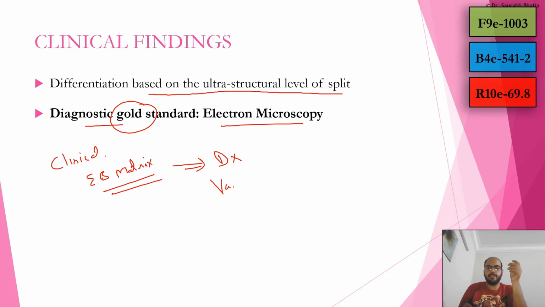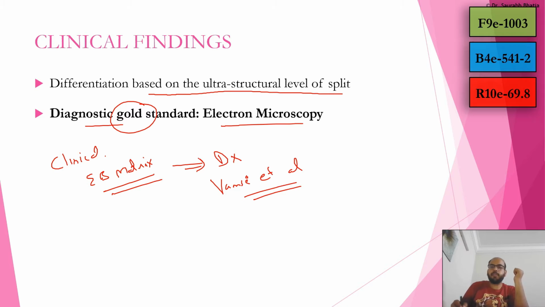Okay, and that is by Vamsi et al. If you want, just go and search about it and you will learn about it. If you want a separate video on how to use the matrix, let me know. I can make a short video on how to use the matrix. It's a good clinical tool. Okay, you just put the symptoms and it gives the most probable subtype of EB.